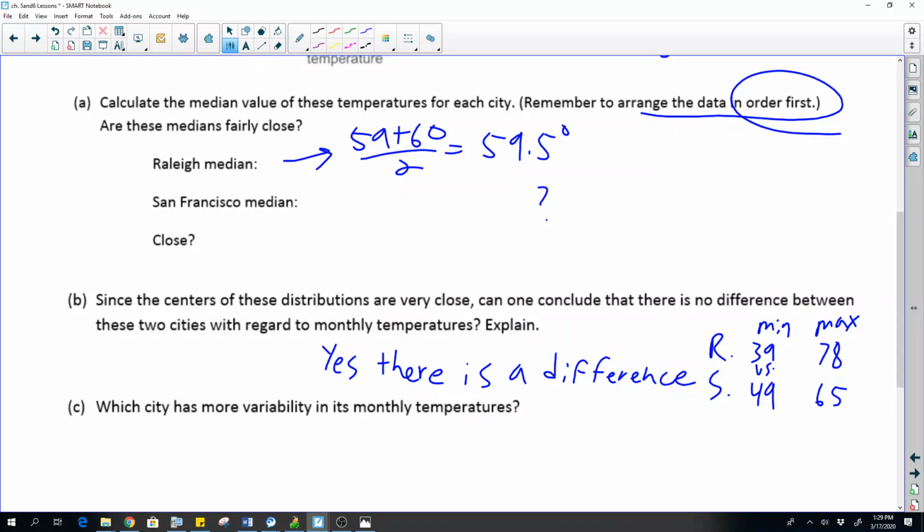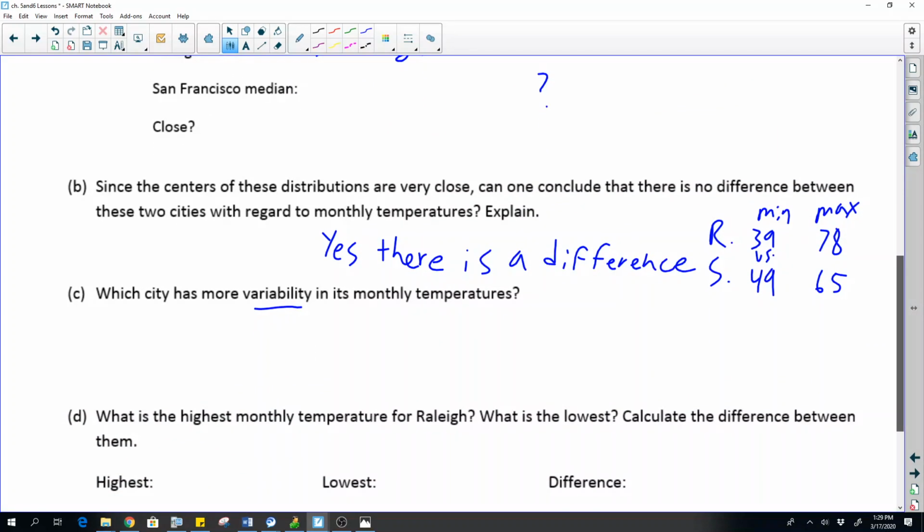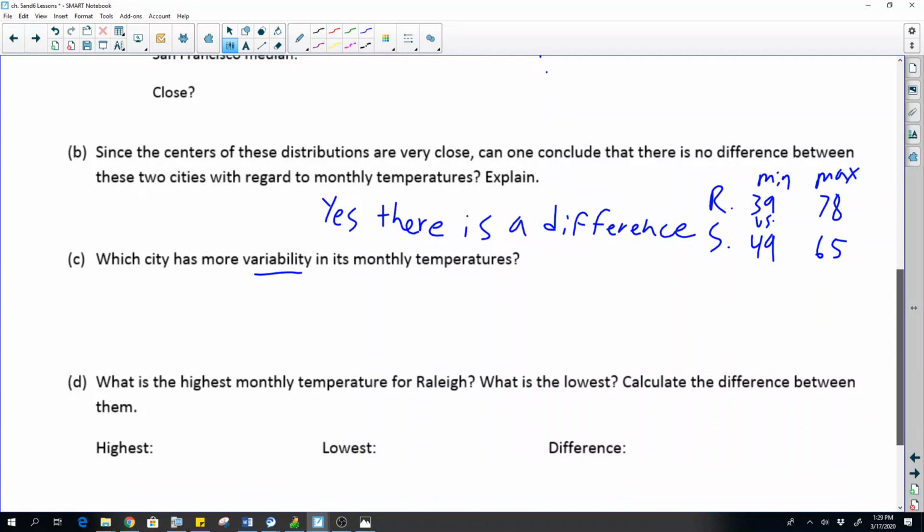That's because of the ocean front for San Francisco. So which city has more variability? What do you think variability means in monthly temperature? Variability is just talking about which one has a greater amount of difference. And that's what we're going to calculate below.